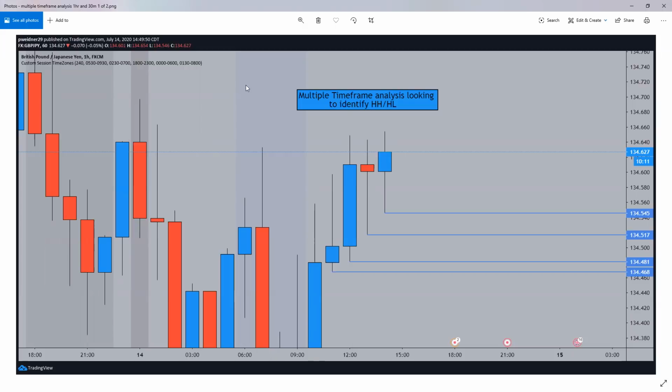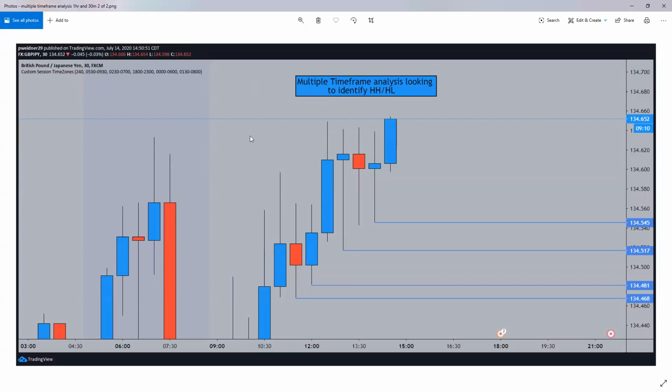So if we're on the 30-minute, we say, okay, instead of just breaking a low, since everything is so bullish and we maybe want a little bit better confirmation, we wait and see for a bearish candle and then a new low. All right, so 30-minute time frame, there we go.